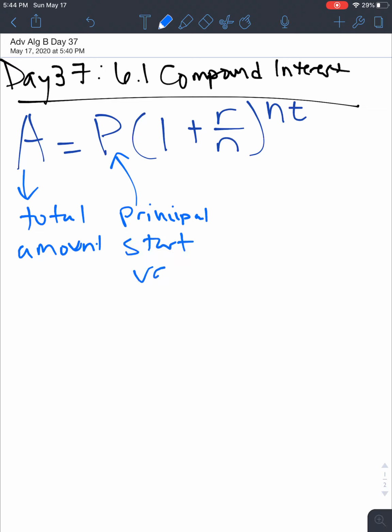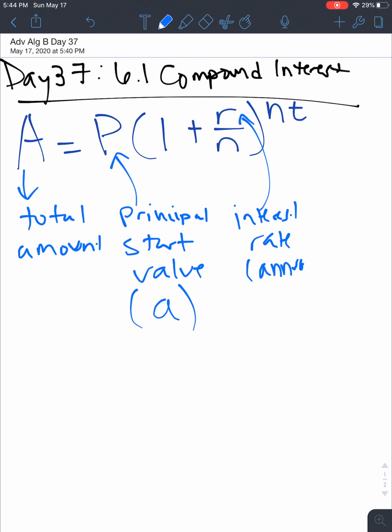That's what we called little a before. We have this r here, which just like last time is our interest rate, but typically this is an annual interest rate. And just like last time, we need this as a decimal.